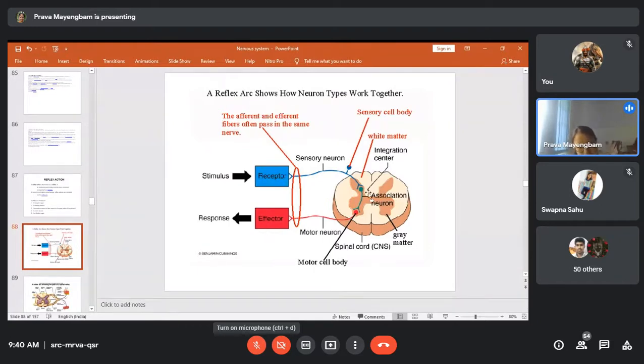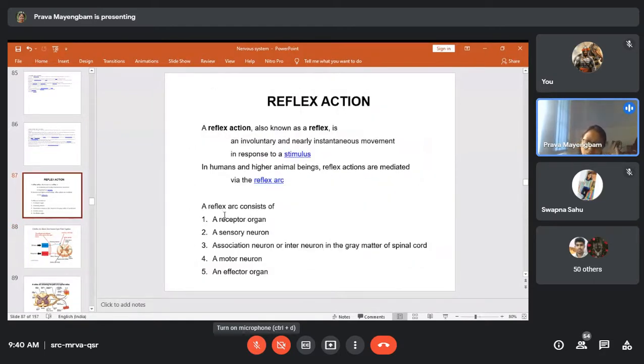Okay, so you cannot insert the sensory neuron from the ventral horn. If you insert from here, then it is wrong. Also, if somebody asks what are the components of a reflex arc, then you have to write in this sequence, 1 to 5.